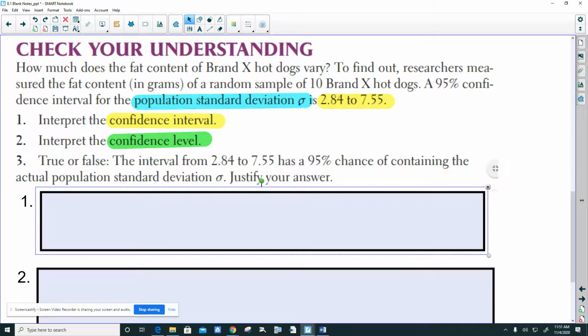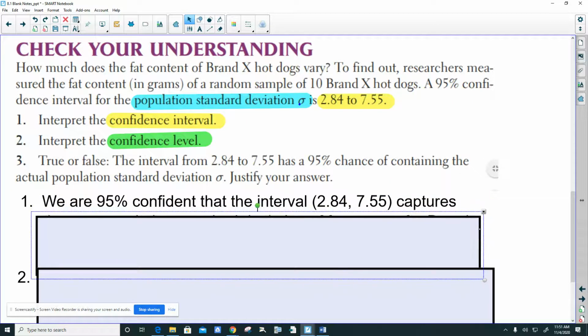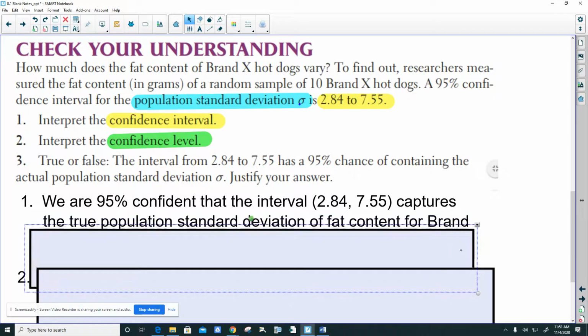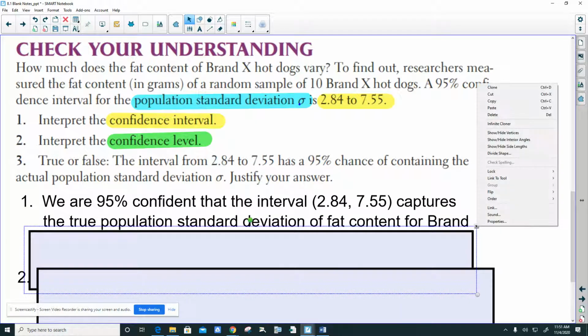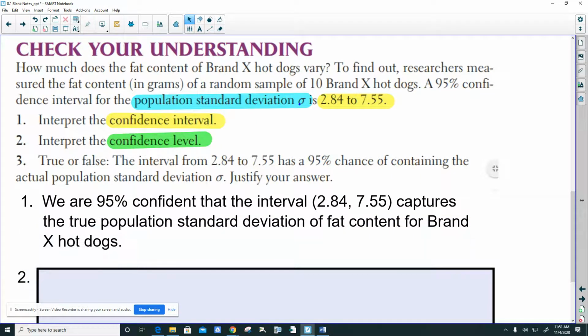The interval is when we actually state the interval itself. When we start out and say we are 95% confident that the interval from 2.84 to 7.55 captures the true population standard deviation of fat content for brand X hot dogs.